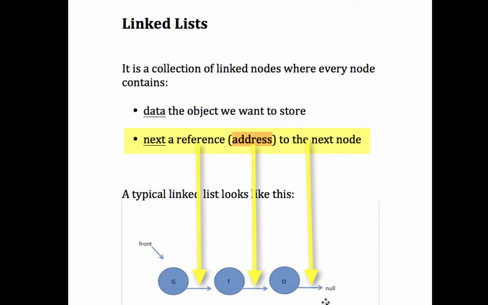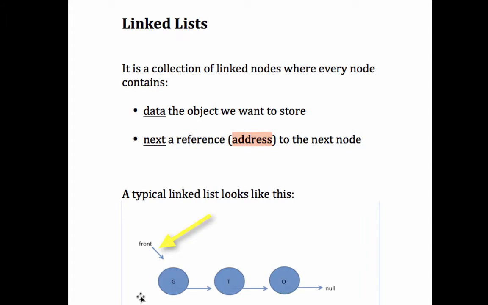So null will indicate that a reference is not being used. But more importantly, in a linked list, a reference that has the value null indicates that the object that has that reference is the last object in the collection, the last object on the linked list. Notice that we have another reference here that is called front.